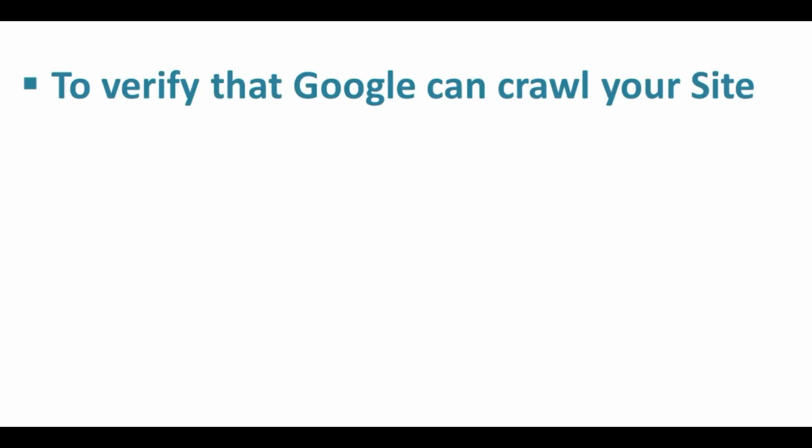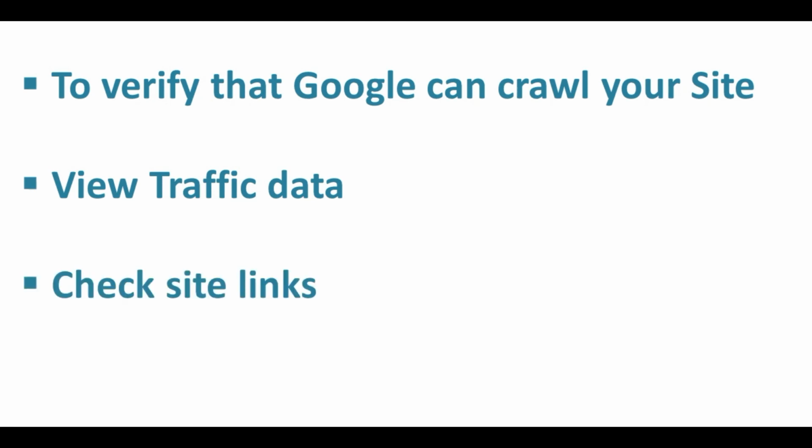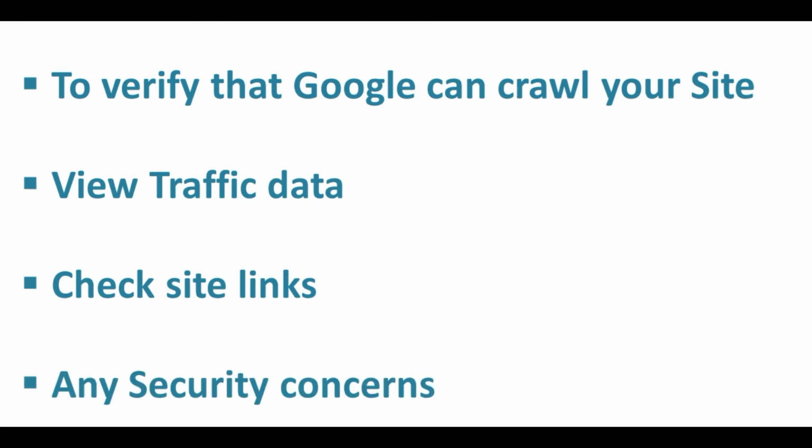Google Search Console is a very important tool for webmasters as it can help to verify whether the Google crawlers have indexed the site or not, to view website traffic data, to check the link quality, to find out any errors, and in the end also about security concerns related to the website.